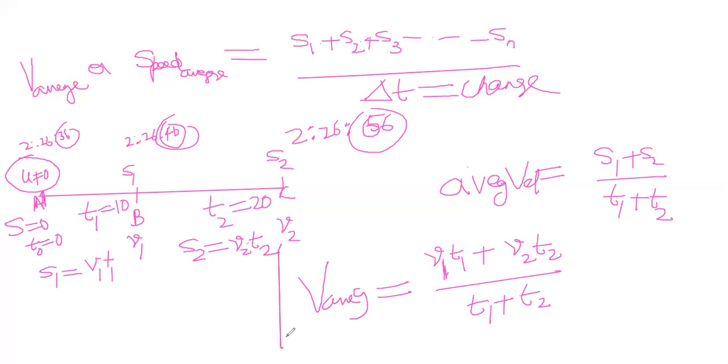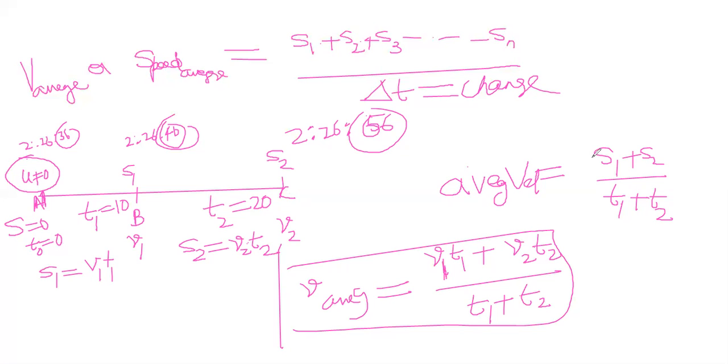Understood or not? Don't write big V, small v. The formula is S1 plus S2 by T1 plus T2, it became like this. Understood this? Clear?